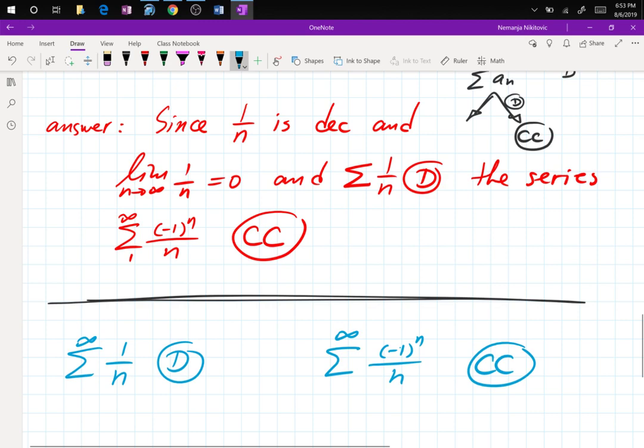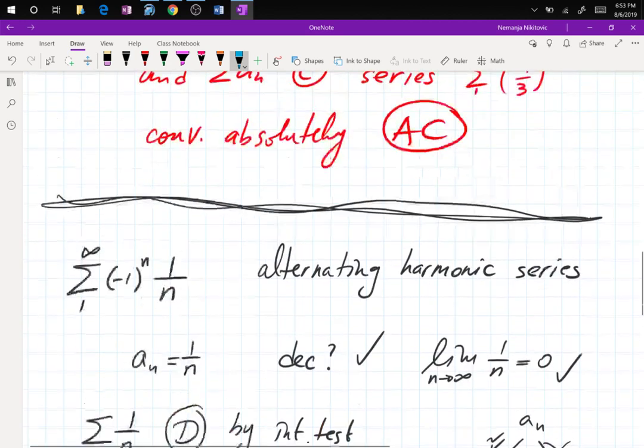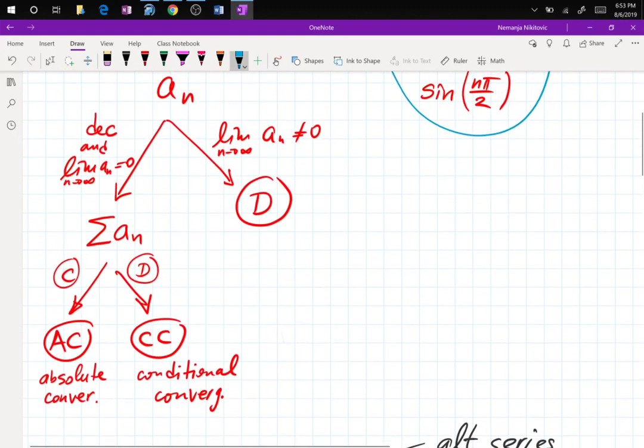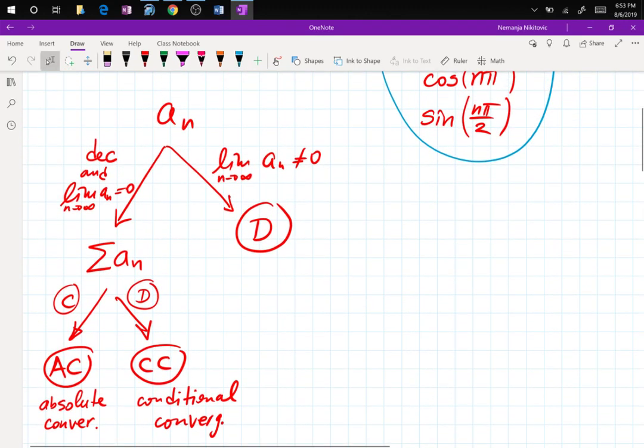By the way, that's it. You need to know the path that you take from the start of the problem to the end of the problem. You strip off the summation, take off also the (-1)^n, which is the alternating term, and you're just left with the sequence a_n.